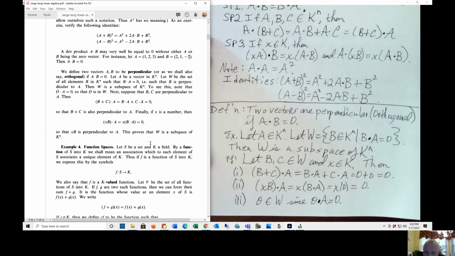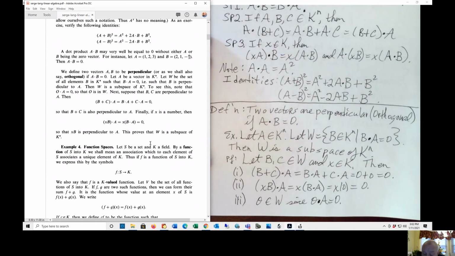Second, if we take a scalar and multiply it by the vector B that's in W, and take its dot product with A, then we can reassociate and pull that scalar out, and then take the dot product of B and A. And so you get x times 0, which is 0.